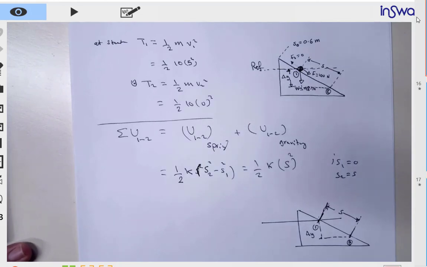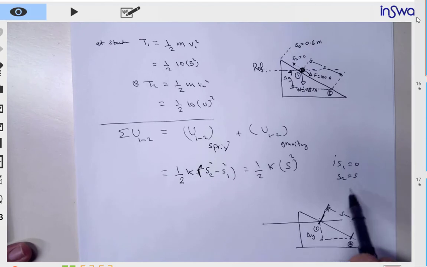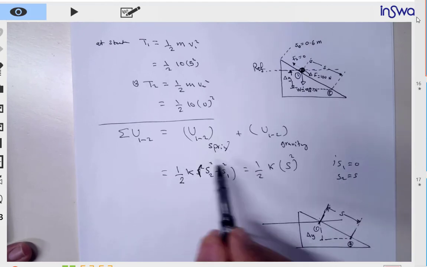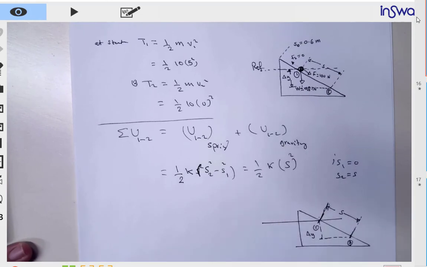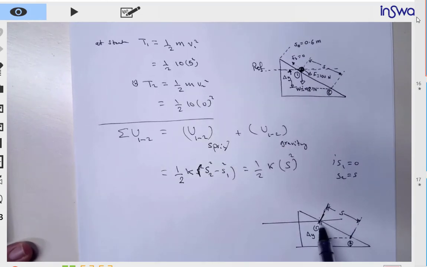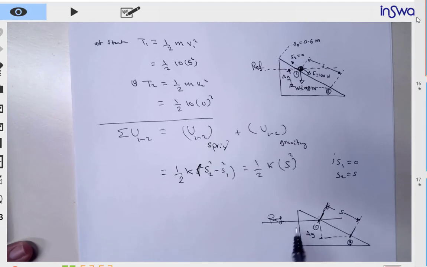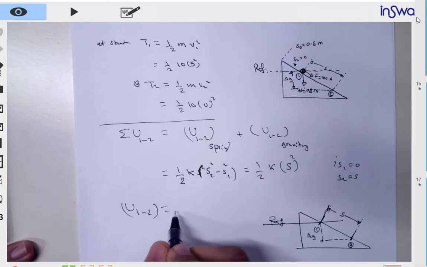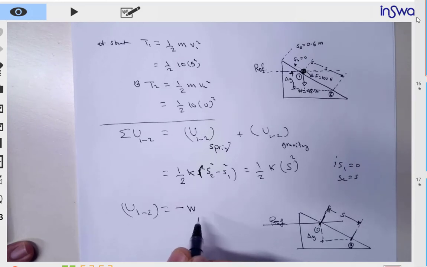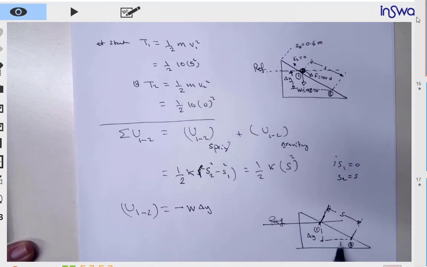All right. What about the gravity? We assume this to be a positive quantity. What about the gravity or the weight? This is my reference point, and the object is going from top to down, so the work is equal to negative W delta Y, which is Y2 minus Y1.